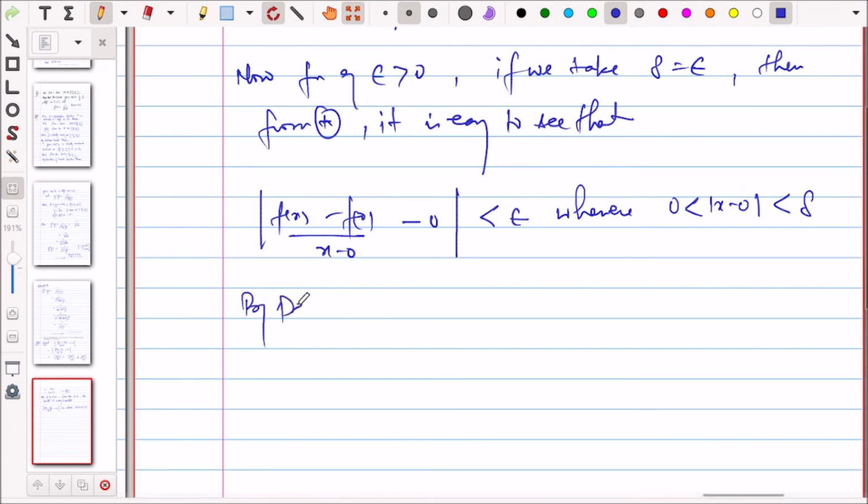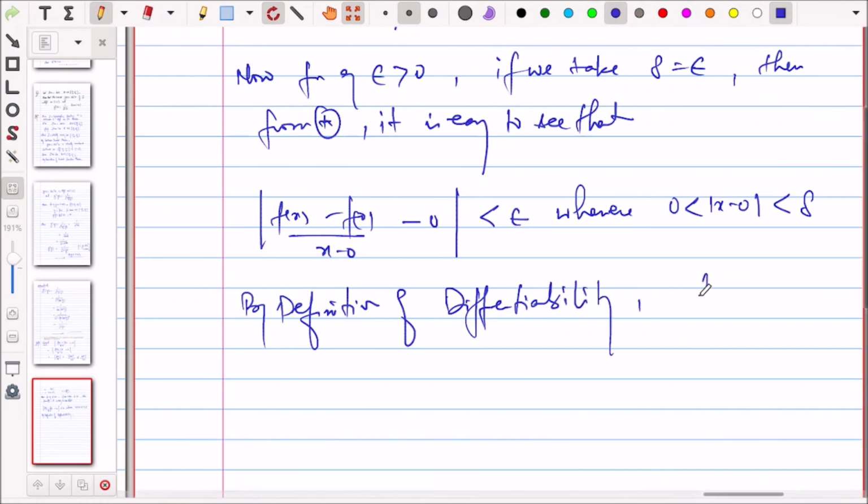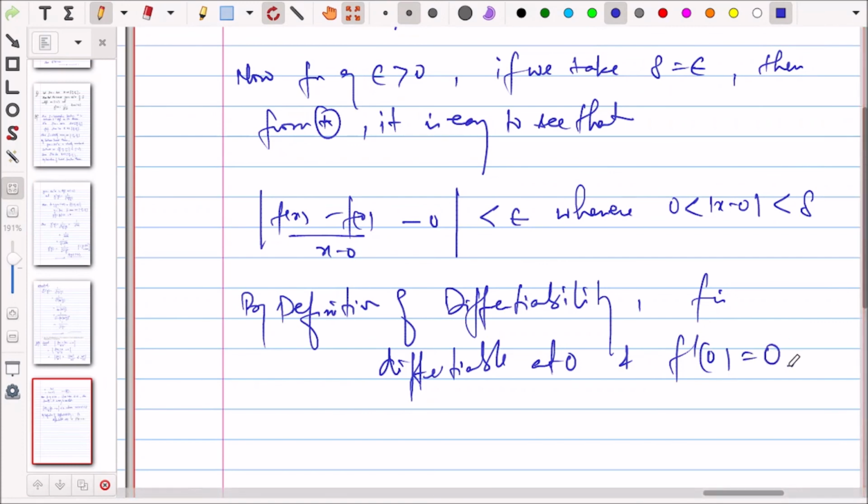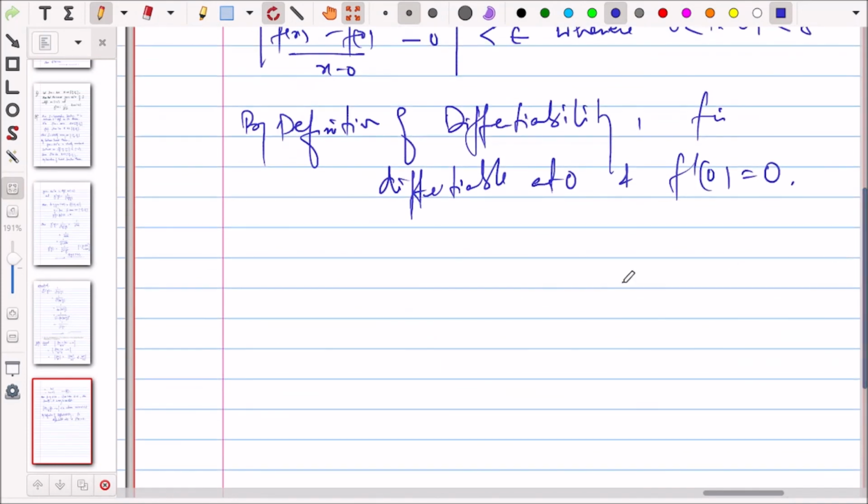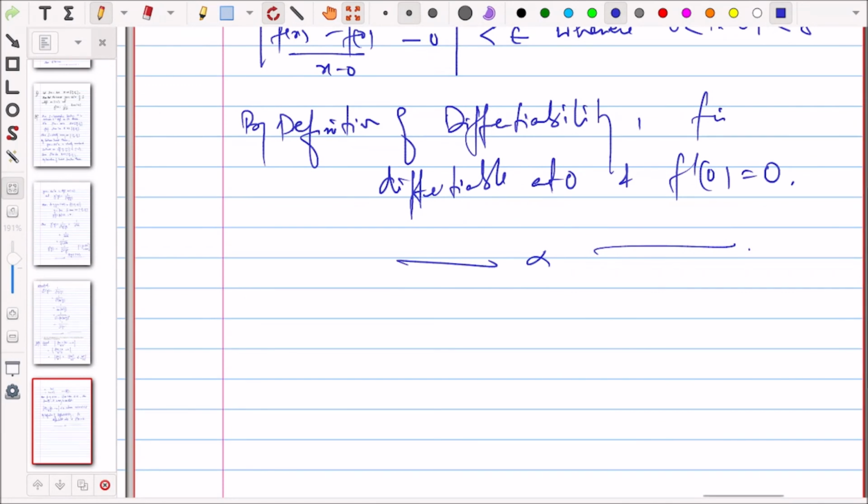So by definition of differentiability, f is differentiable at 0 and f dash 0 is equal to 0. ठीक है, is it fine? यस सर। So this is how you can prove it. ठीक है, ये अगर इस तरह के डिरिचलेट टाइप के आते हैं तो you can always prove it like this.